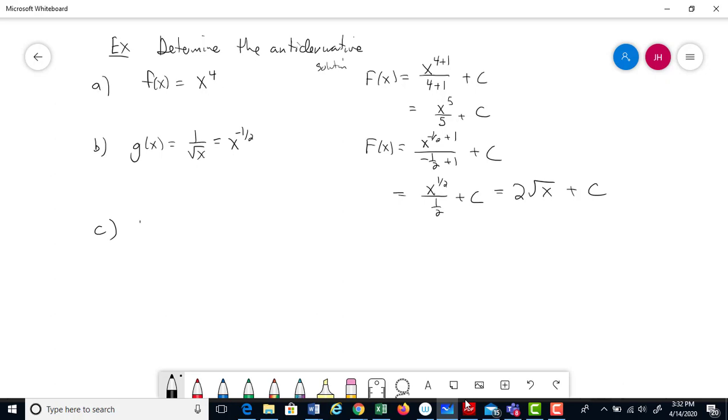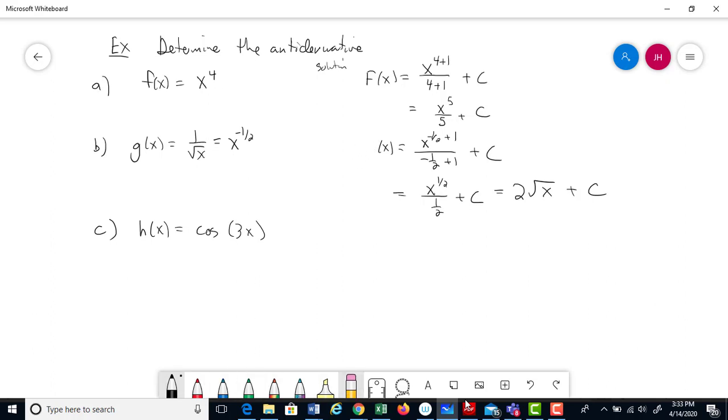C. H of x is equal to the cosine of 3x. So when it comes to the inverse power rule, you guys are going to get really good at this. X to the 5th over 5, x to the 1/2 over 1/2, and so on. Now, most of these things come down to me just asking myself, what function do I take the derivative of to get cosine? Well, I got this mislabeled.